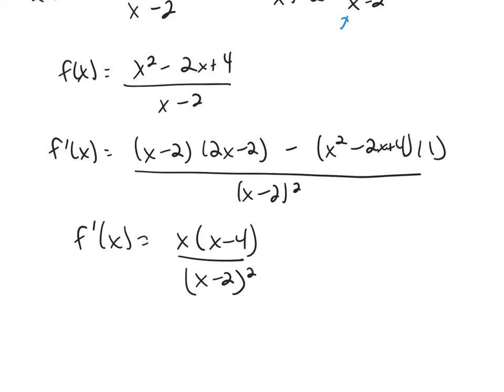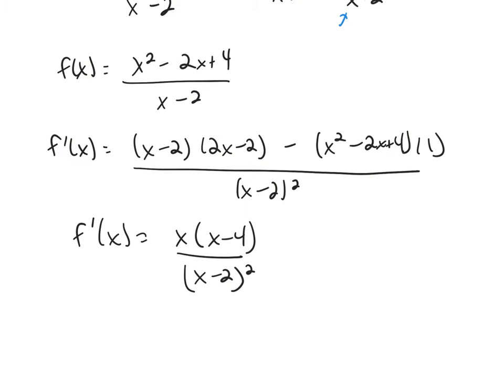So if I look for my critical numbers here, I set it equal to 0. I get 0 and 4. These are my critical numbers.